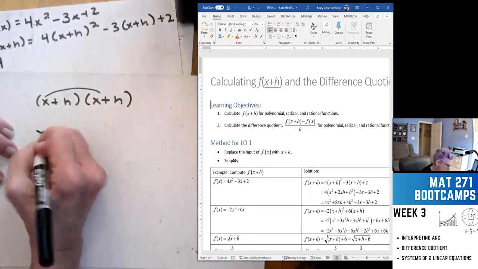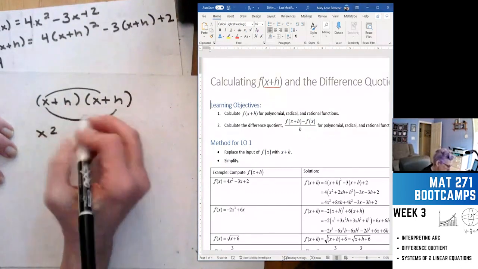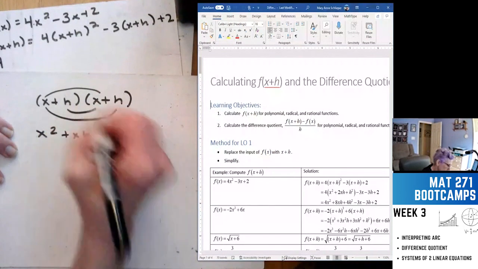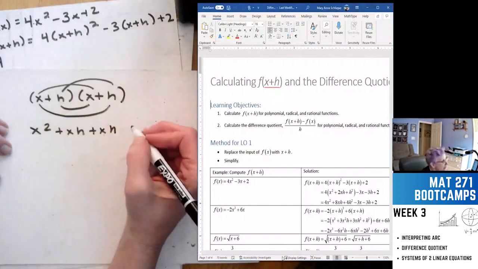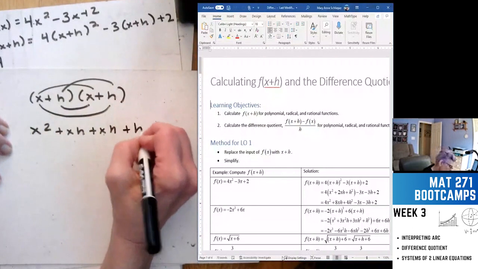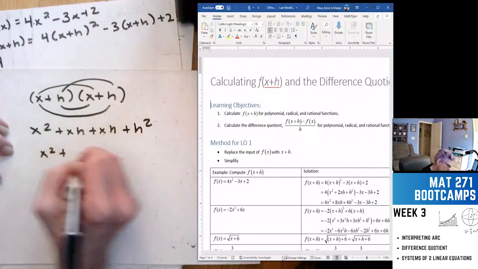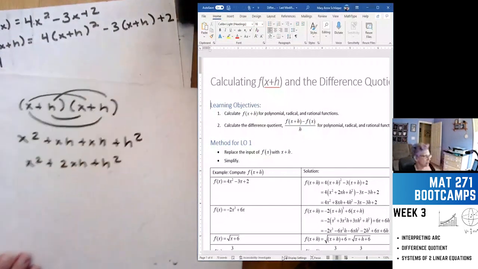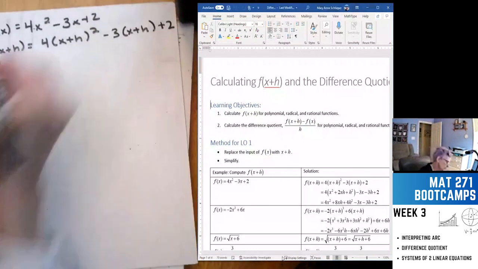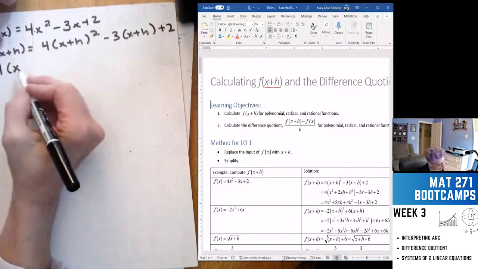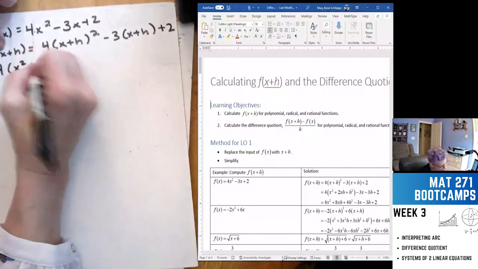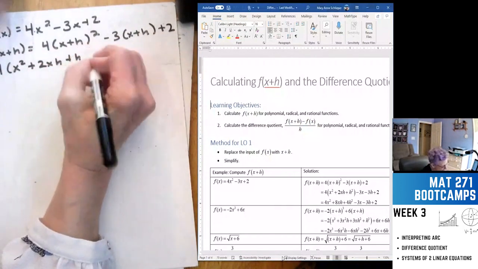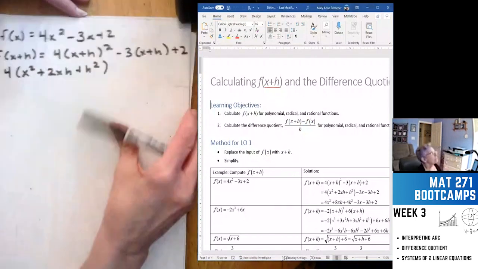First times first gives me x squared, outers, inners, and last, and I've drawn my little happy man there. x squared plus 2xh plus h squared. So it's always going to be this first term, the x squared, 2 times the first term times the last term, plus the last term squared.